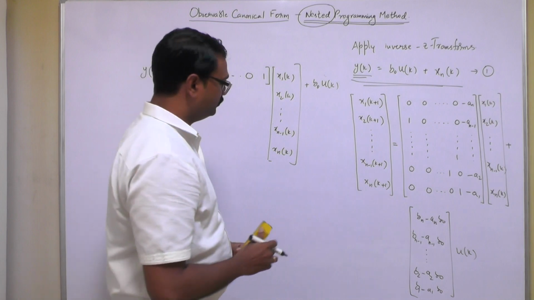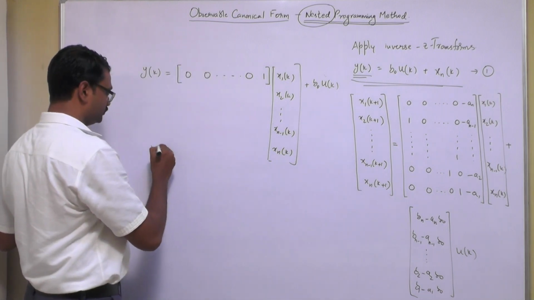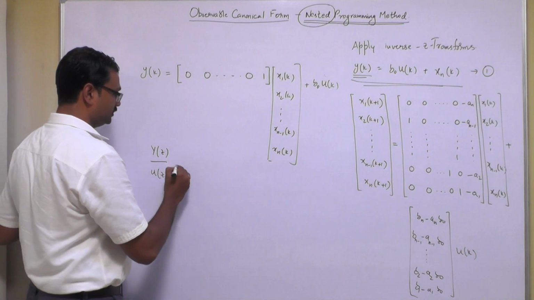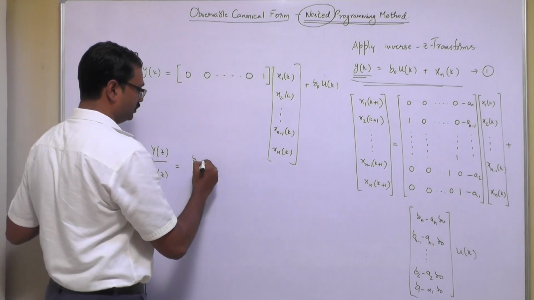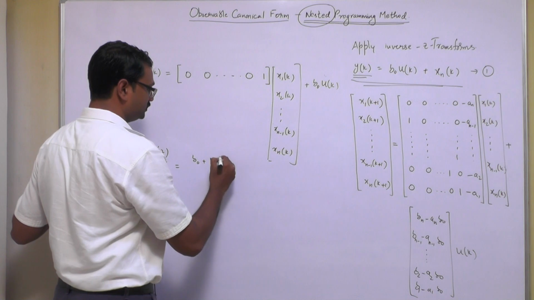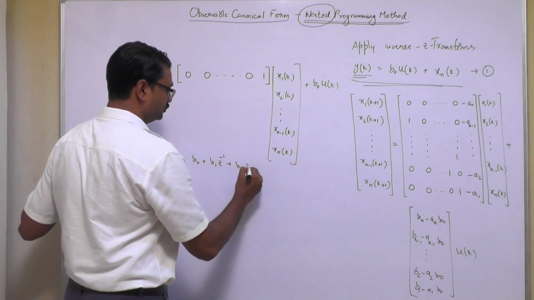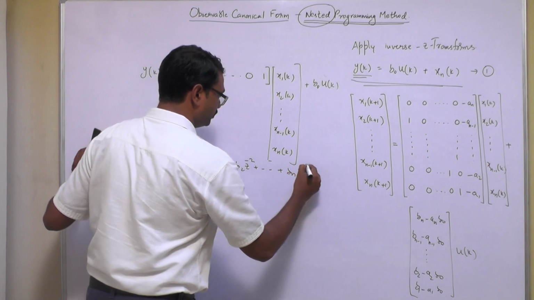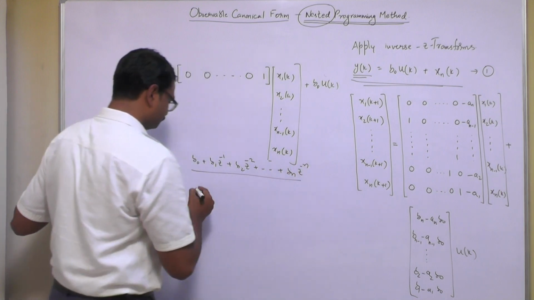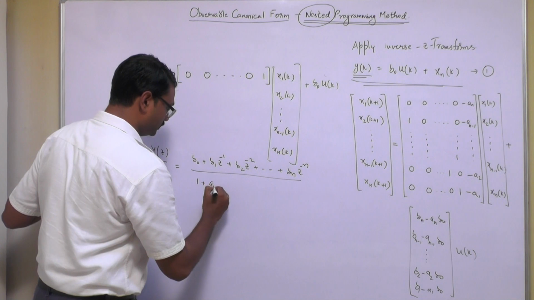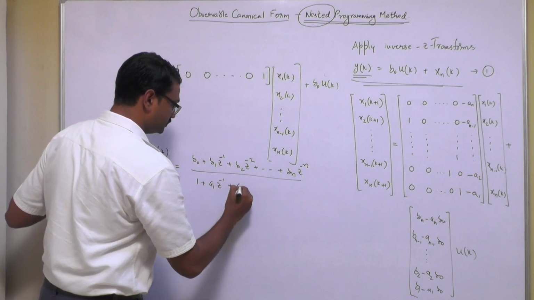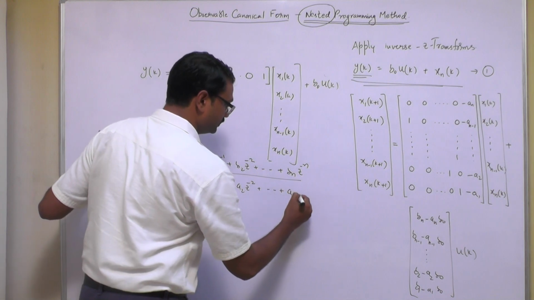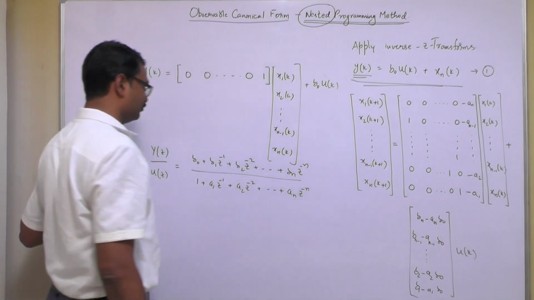So eventually when you are going for y of z by u of z, you have obtained this method from b naught plus b1 z inverse plus b2 z power minus 2 plus bn z power minus n by 1 plus a1 z inverse plus a2 z power minus 2 plus an z power minus n.